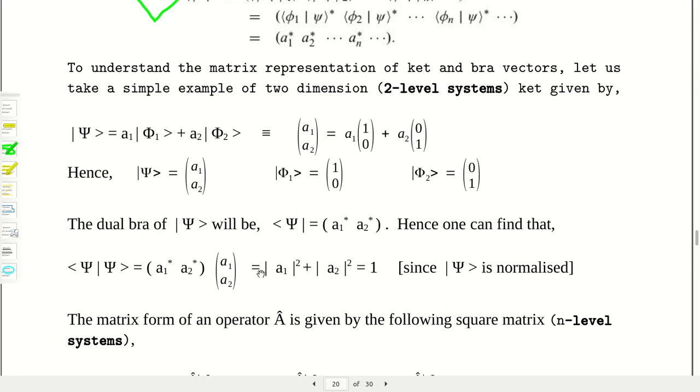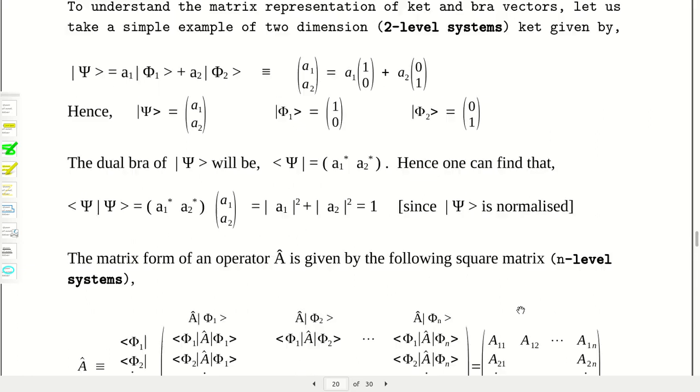The probability of finding the particle in the state phi 1 is mod a1 square, and the probability of finding the particle in the state phi 2 is mod a2 square. So the sum of them should be 1 if psi is normalized. Okay, so this is the complete description of bras and kets, and this is the one example I have discussed about the matrix representation of bras and kets.